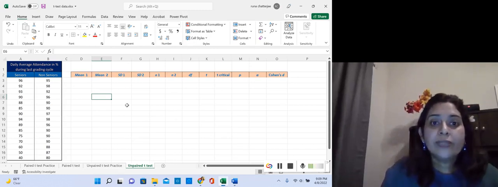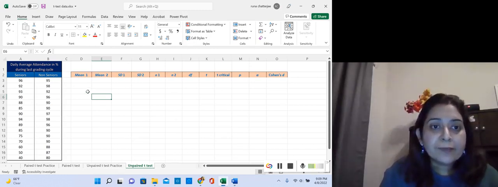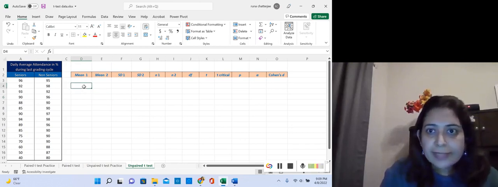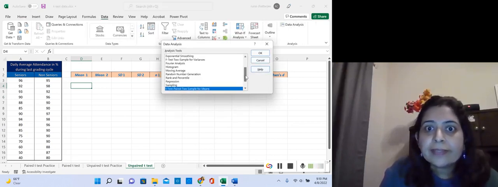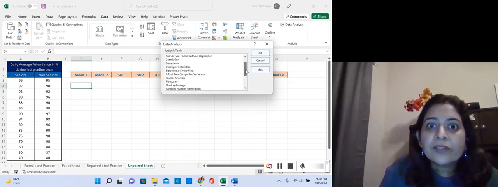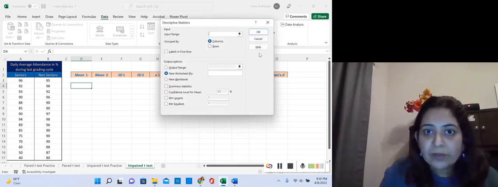We will once again find some descriptive aspects of the two sets of data. Now this time, I am going to simply run a descriptive analysis so that I find all of my values all at the same place.